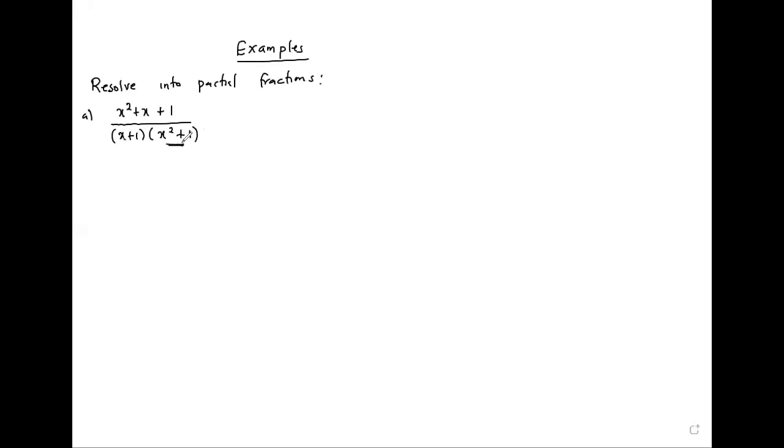Okay. So because it's not linear, we'll have a over x plus 1 plus bx plus c over x squared plus 1.